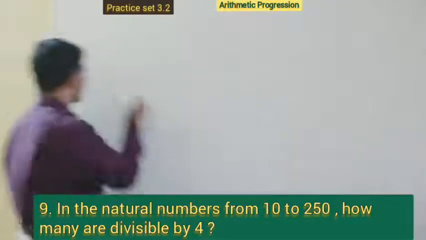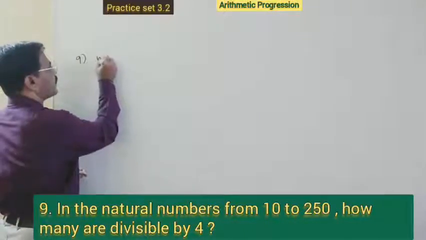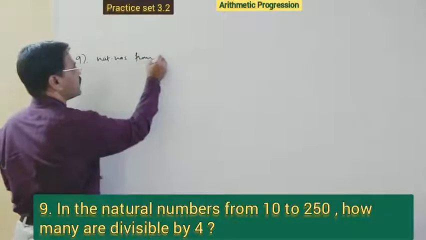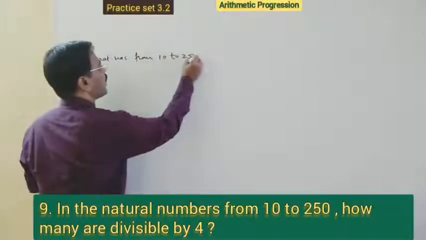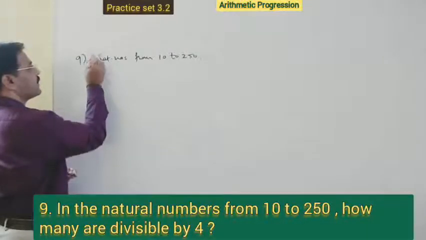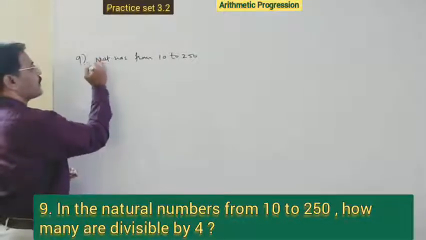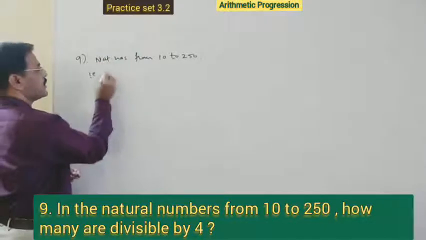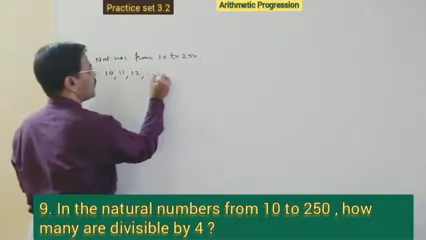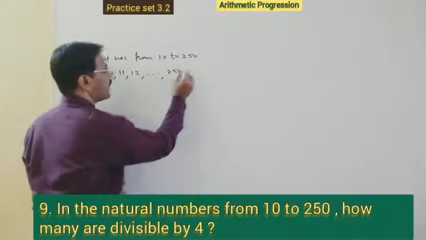See here. Natural numbers from 10 to 250 means what you can say here? It is natural numbers. Okay friends. See here, 10, 11, 12 and so on. Here the last term 250.